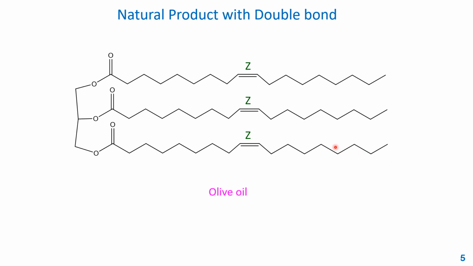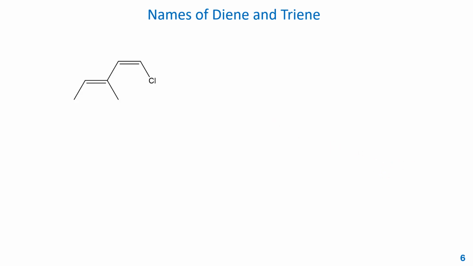Now let's talk about how to name compounds with more double bonds, like a diene or triene. This is an example of a diene. You have two double bonds. First step, you need to name it. When you name it, don't worry about the Z or E. First just name it, following the naming rule. Number the carbons 1, 2.